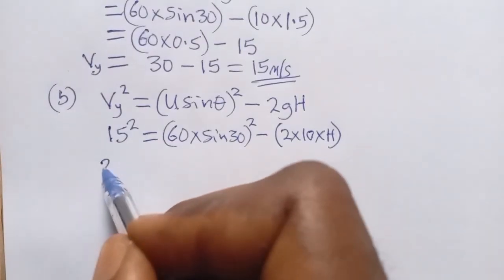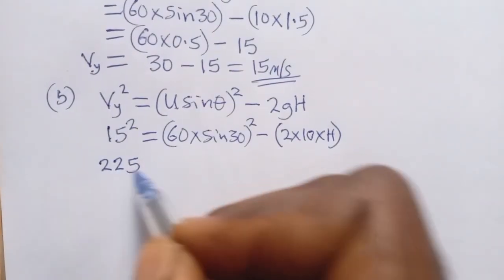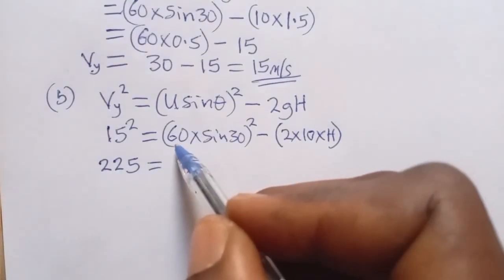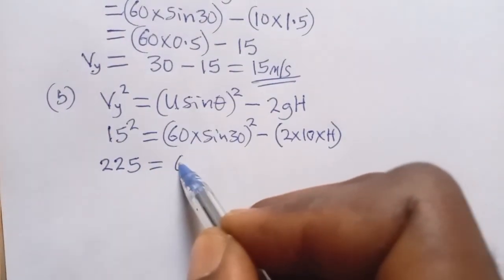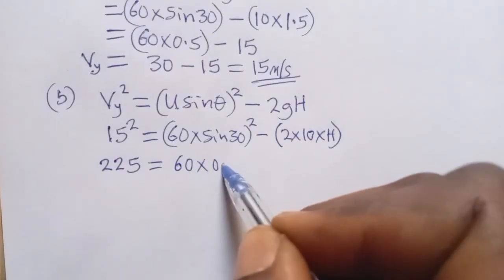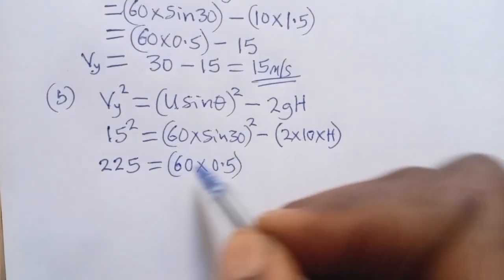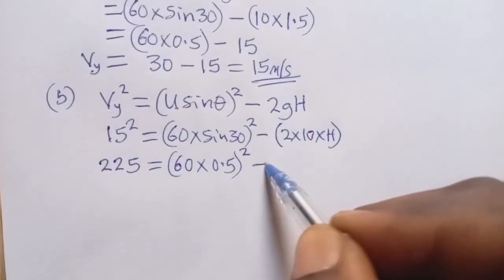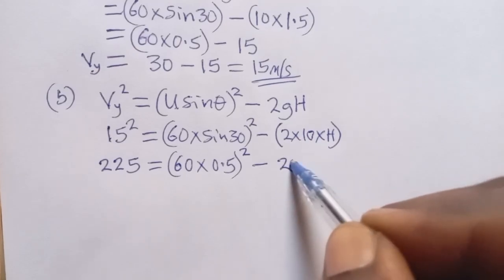So this will give us 225. 15 square is equal to 60 times 0.5, all squared, minus 20h.